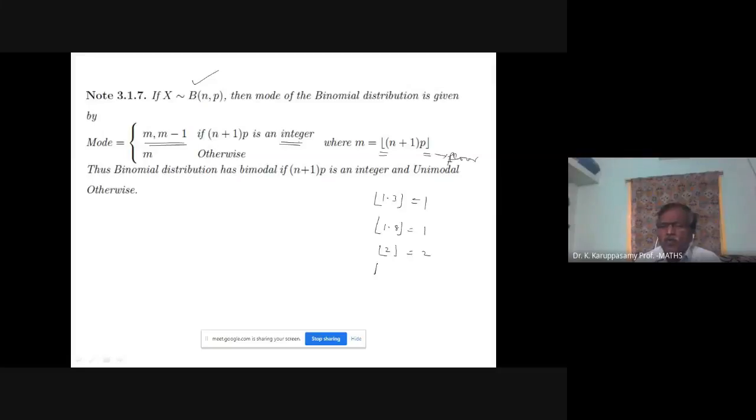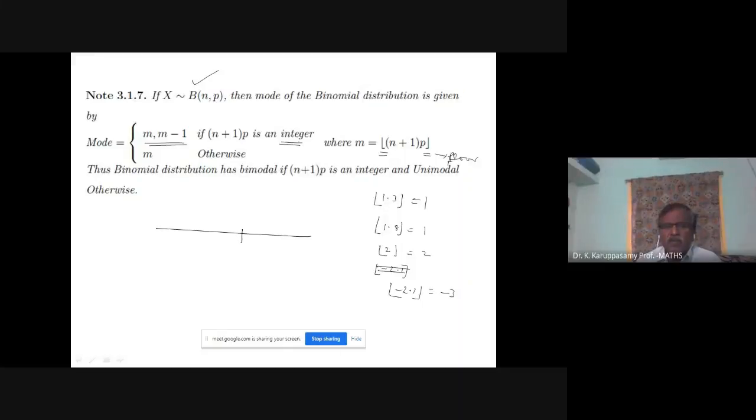Floor of minus 2.1. Many students may commit a mistake. The integer below minus 2.1 is minus 3. See the real line.